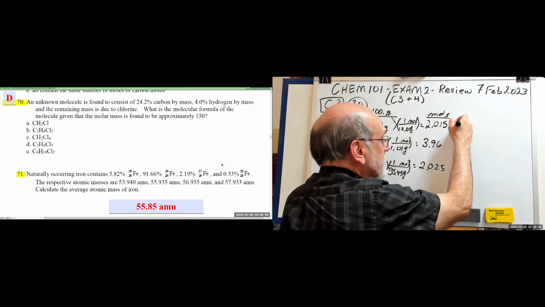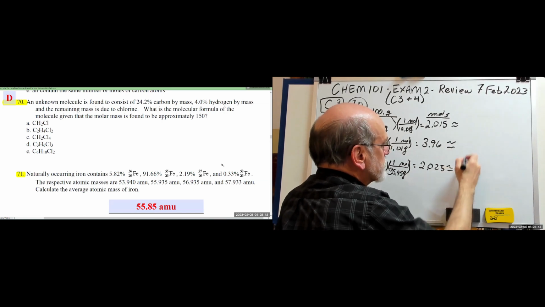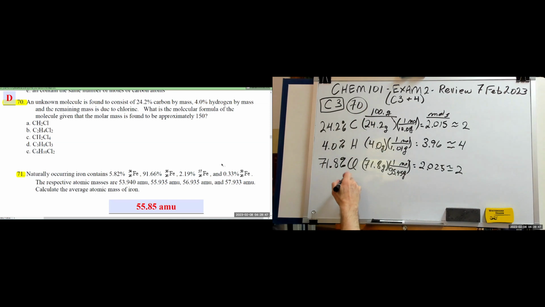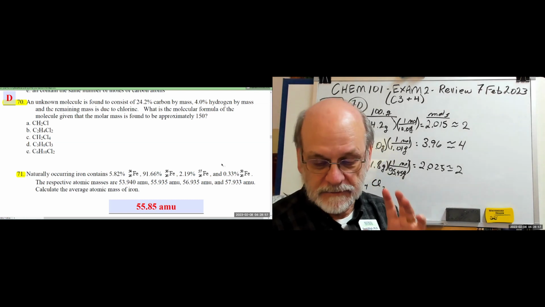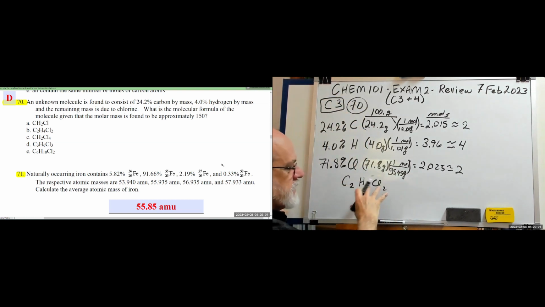So we can say that empirically speaking, this is 2, this is 4, and this is 2. That means the empirical formula is C2H4Cl2.